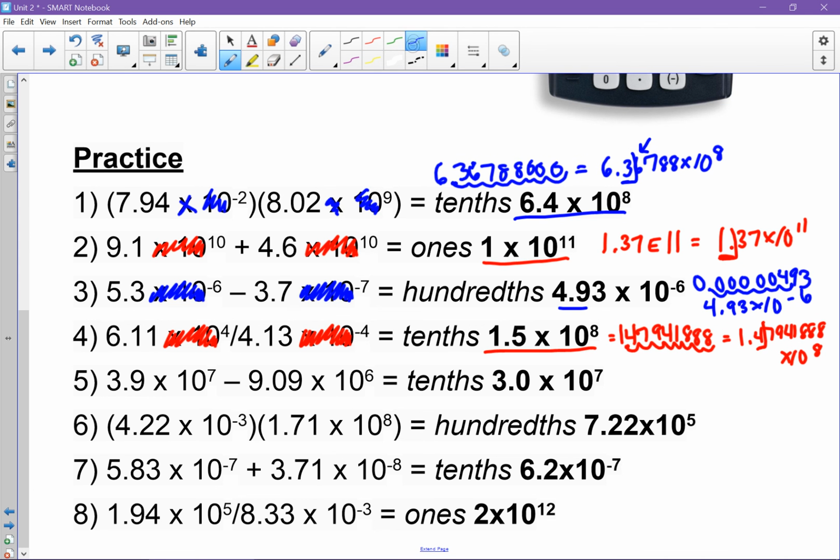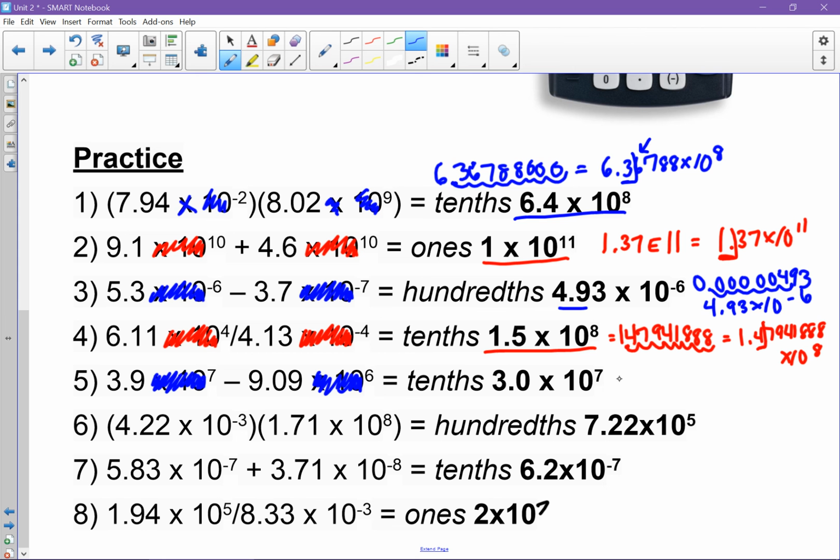Alright, let's keep going. See if you can get these answers that are here. Oh, this one has a typo. Alright, so let's put this next one in. So you're going to do 3.9, don't push times, don't push 10, just do E7 minus 9.09 E6.